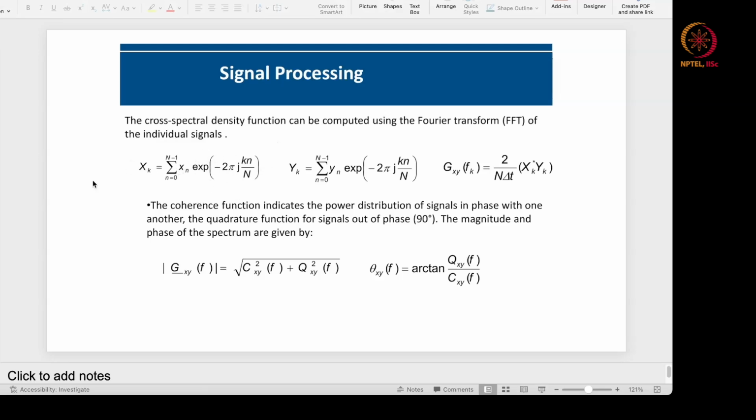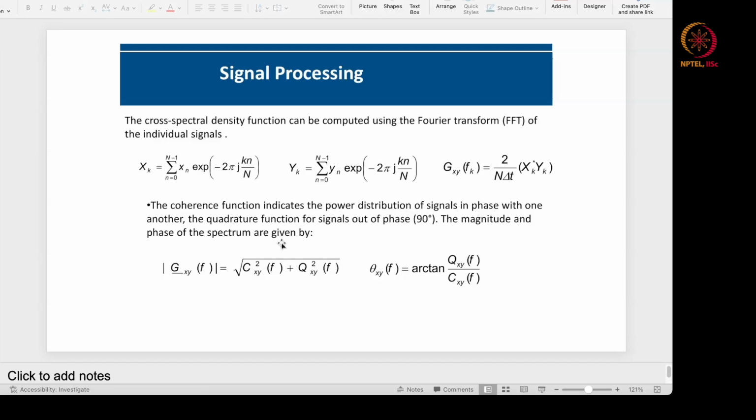You do the Fourier transform of the individual signals, then you define something called the coherence function, which is nothing but the conjugate of one signal, x, with y. The coherence function indicates the power distribution of signals in phase with one another.